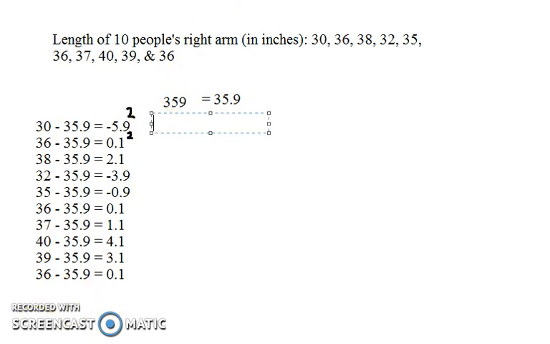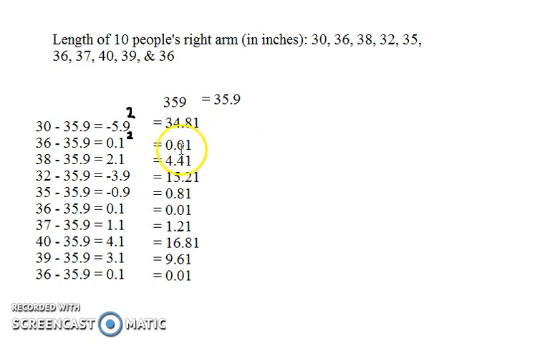And so that's going to give you 34.81 for that one. 0.1 squared is 0.01. And so on. So that's going to give you all these. This column is now the squared differences of each data point from the mean, from the average.